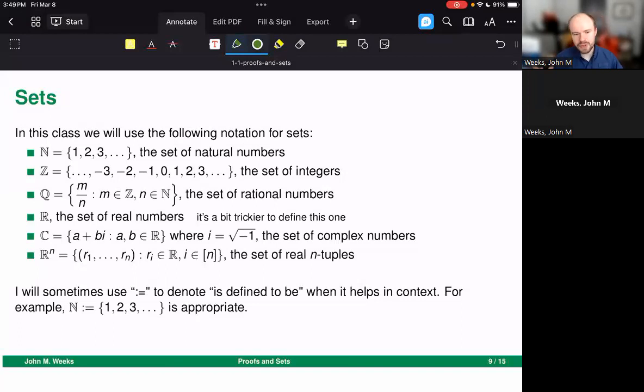The complex numbers are the set of real numbers plus the set of real numbers times i. So here a and b could be any real number, so we're adding those together. Here i is the square root of -1. This ends up being very useful to us to look at things and understand these can be real spaces, we'll describe them as, or complex spaces. So we'll use complex numbers pretty heavily as a part of this class.